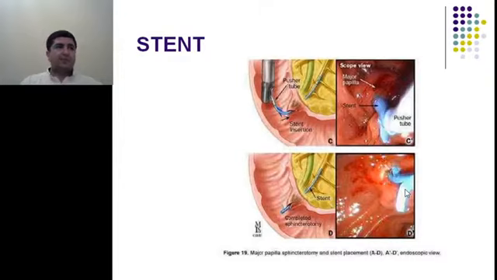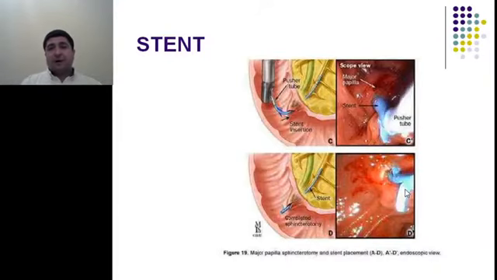What is a stent? A special tubular device which can open and decompress that area which is compressed.